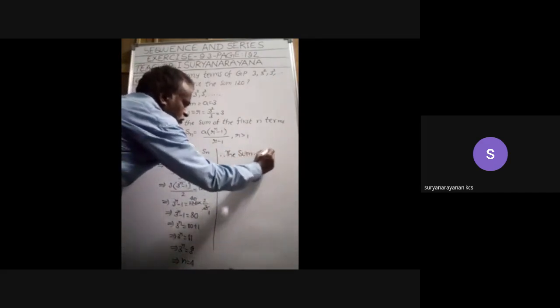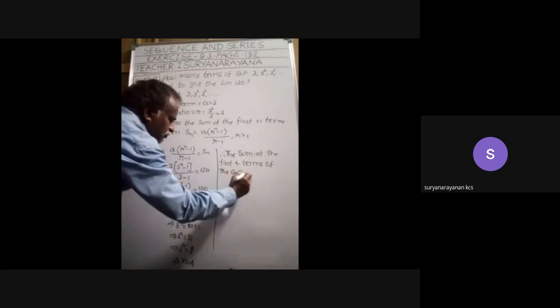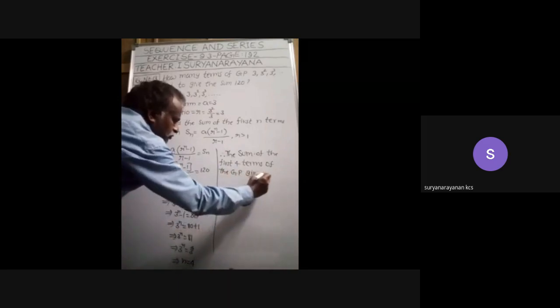Here the bases are equal, so we are equating the exponents. So n is equal to 4. Understood, my children? Therefore, the sum of the first 4 terms of the geometric progression gives 120. Understood, my children?